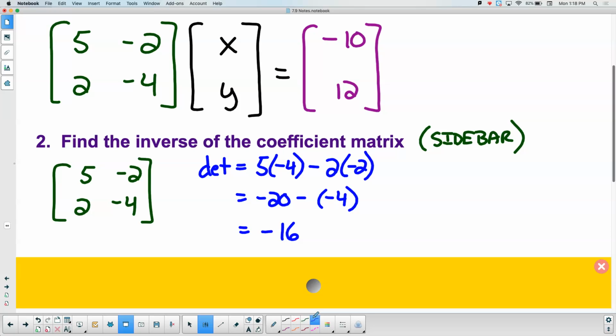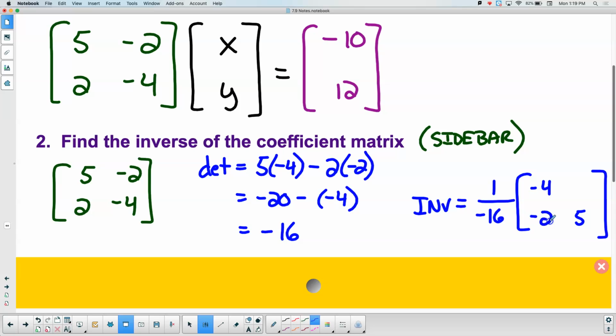Which means my inverse of the coefficient matrix is 1 over -16 times the matrix. Now I'm going to switch the 5 and the -4, and negate the 2's.